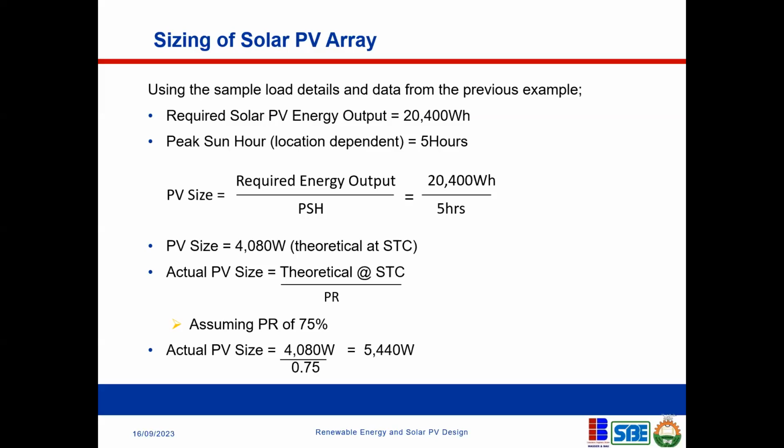There are different capacities in the market: 200, 250, 300, 350, 400, 450 watt PV modules, depending on the one you want to use for your installation.